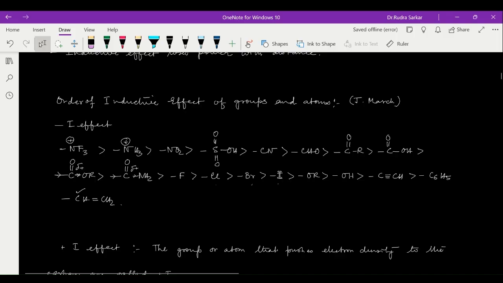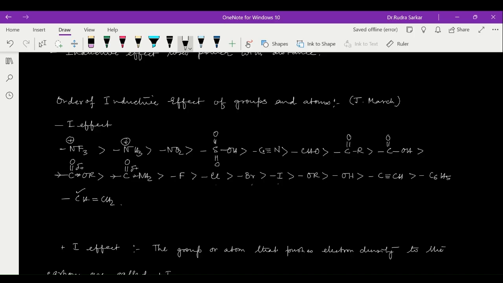If you want to compare carbons over here, you see this is an sp hybridized carbon because it is a C triple bond. And you know that as s character increases, electronegativity increases. You have studied all this.